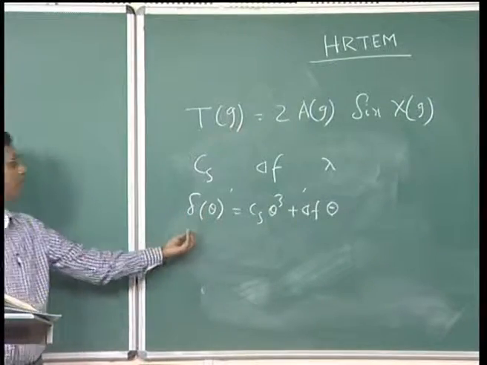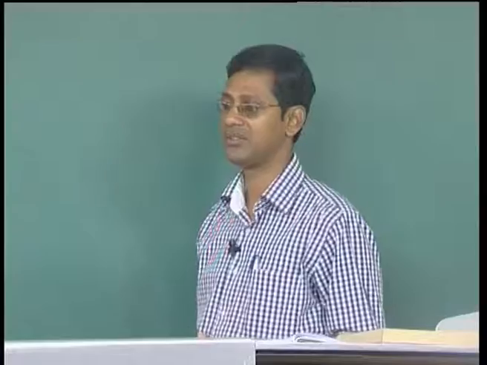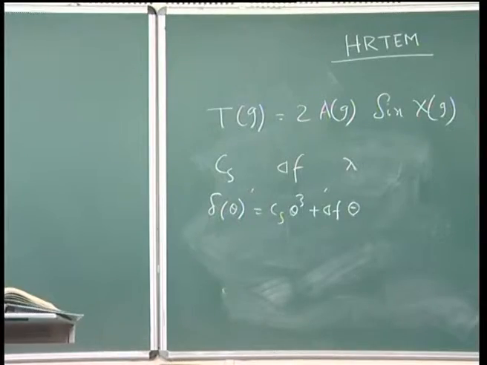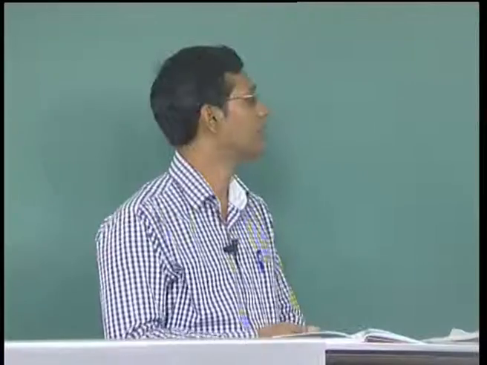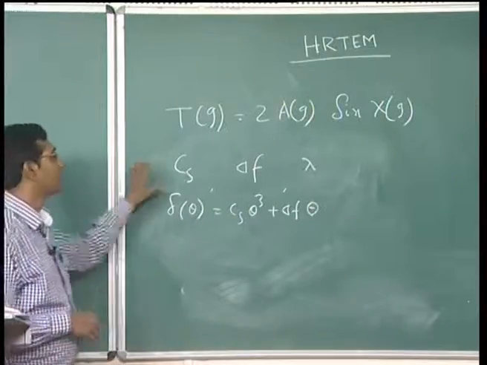If you want the disk to be small, then you want Cs and delta f to be optimized, and that can be done by analyzing the whole problem mathematically, which we will do in the next 10 minutes or so. We are discussing the effect of the different parameters on psi z.